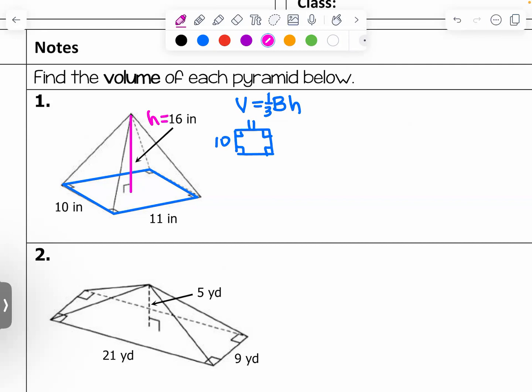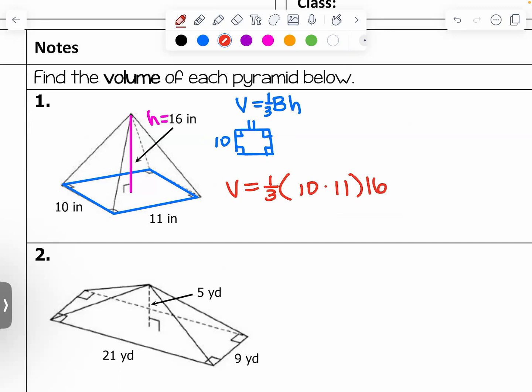So what we can do is say our volume is 1/3 times the area of the base times the height. Well, our base is this rectangle. How do we find the area of this rectangle? So 10 times 11 is our area.